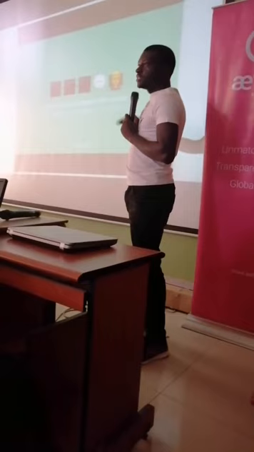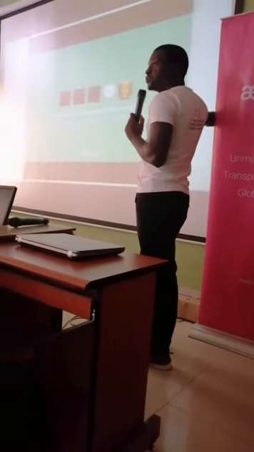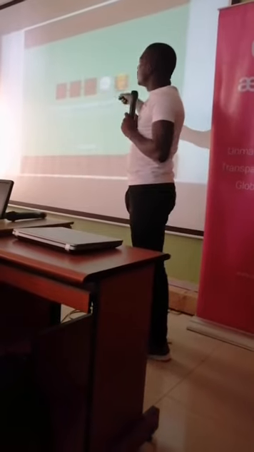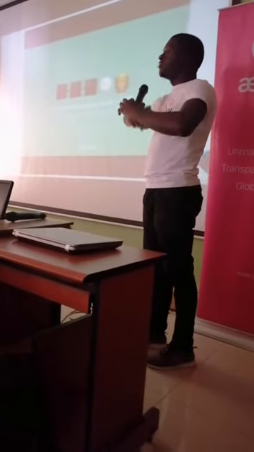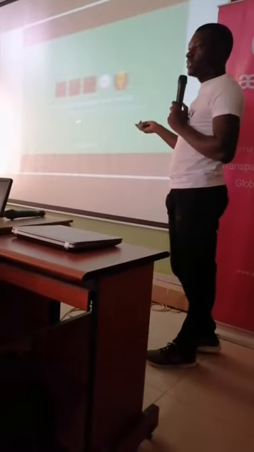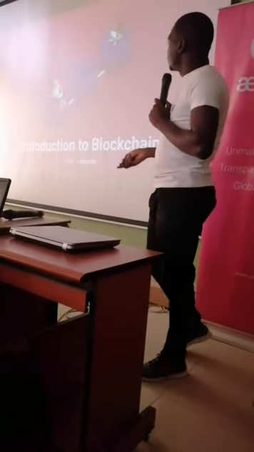Do you understand? Even if you push the building, it cannot fall because you have the mortar locking it together, one block on the other. So this is just a graphical representation of what the blockchain is.